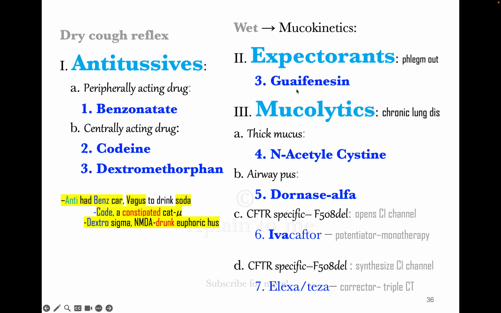So thick mucus will be diluted by guaifenesin, refining the mucus. How does it do that? It adds water, hydration. The secondary effect is by decreasing surface tension. So how does it work? Guaifenesin adds water into the goblet cells, so goblet cells start secreting very dilute mucus.